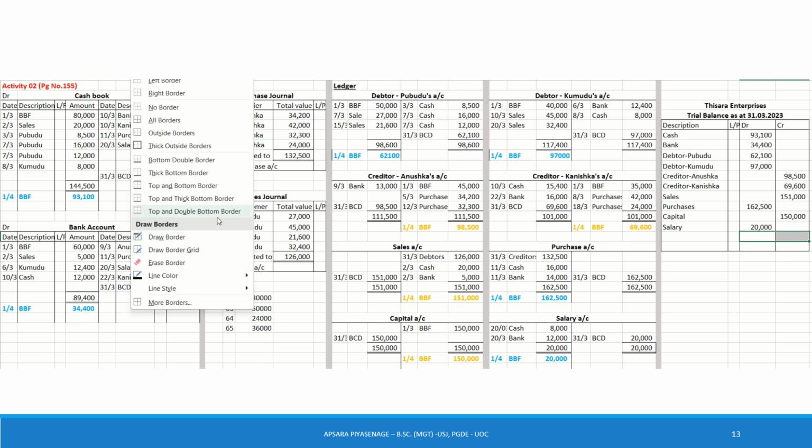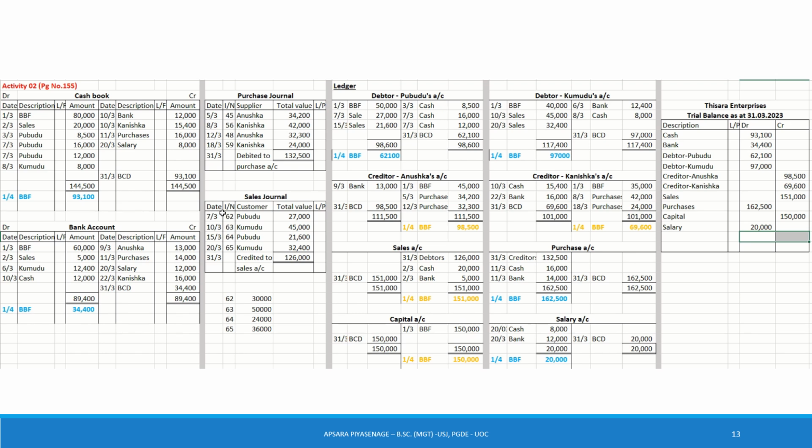So if we have recorded transactions and extracted the balances to the trial balance correctly, both values, the debit column and the credit column, should be equal. The total is $469,100.